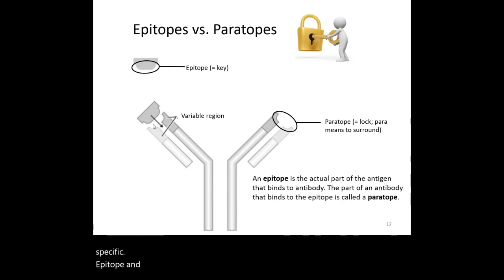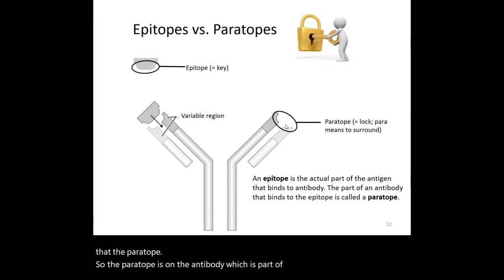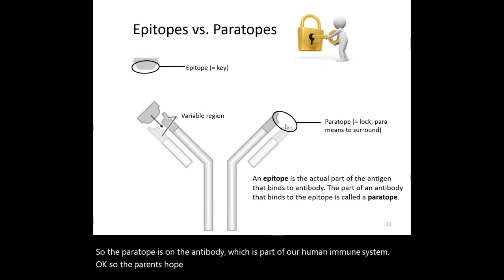And so we call that specific spot where the epitope is going to bind the paratope. So the paratope is on the antibody, which is part of our human immune system. Okay, so the paratope of the antibody binds to the epitope, which is part of the antigen, which is on the pathogen. Let that sink in for just a second.